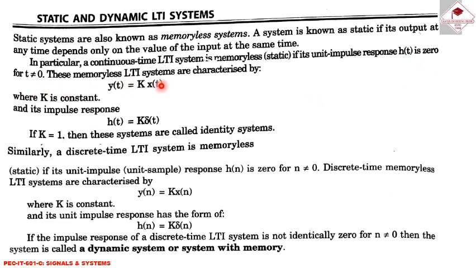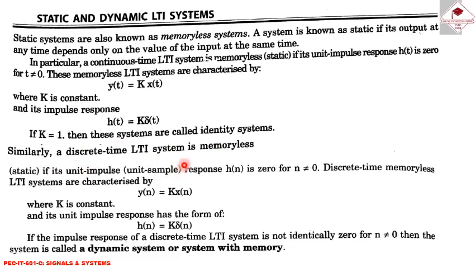These memoryless LTI systems are characterized by y(t) is equal to k times x(t), where k is a constant, and the impulse response, for this case, can be written h(t) equal to k times delta(t). If k is equal to 1, then the system is called identity system.